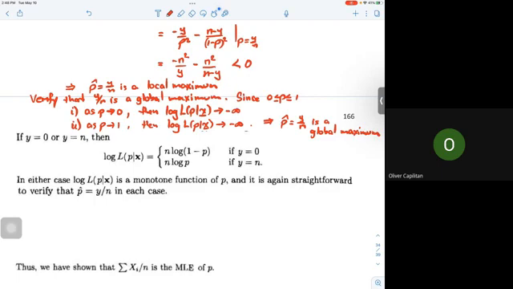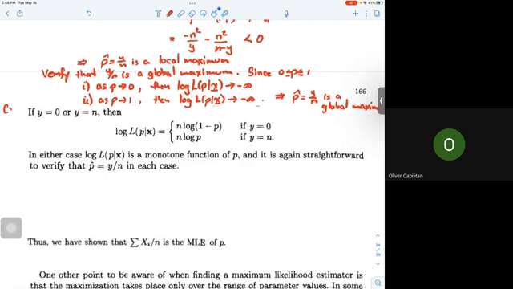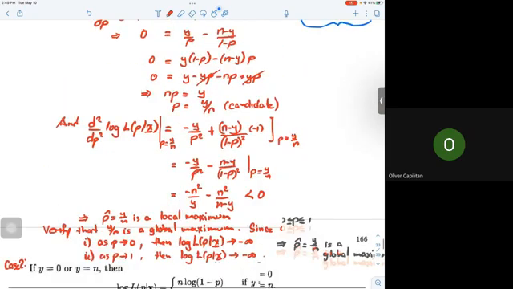And then second case, we have here a second case when we consider y is equal to 0 and y is equal to n. So the log likelihood function, we have now n times log of 1 minus p if y is equal to 0. Makita naman natin yan dito, sa ating formula.